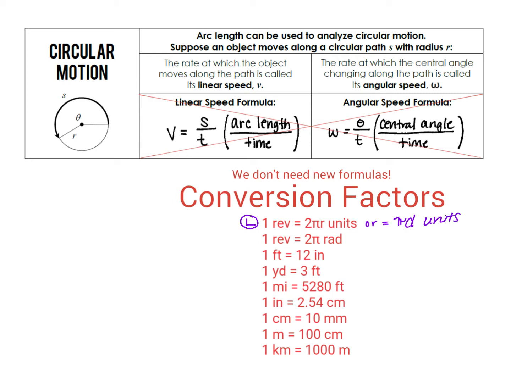But the circumference of that circle is one revolution. In an angle measure, one revolution is 2 pi radians. So our angular speed uses the conversion factor of one revolution being 2 pi radians. The rest of those conversion factors would be good ones to write down in your notes if you don't know them really well.